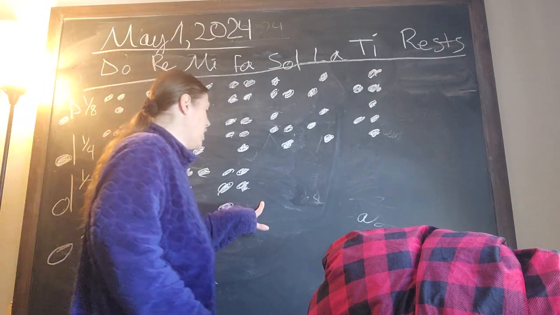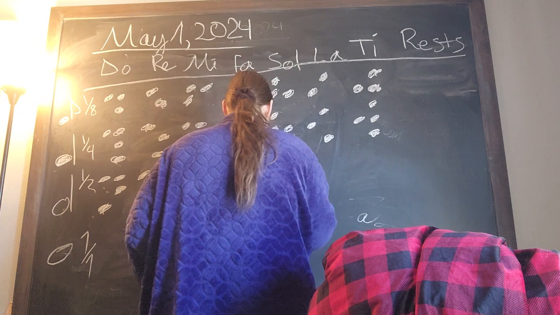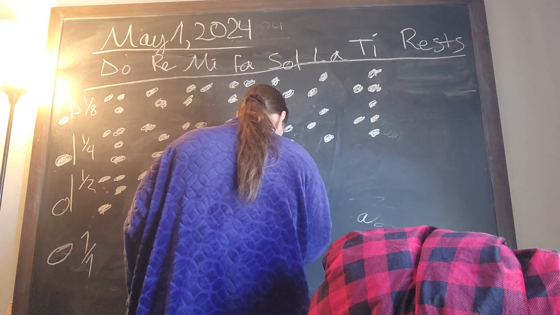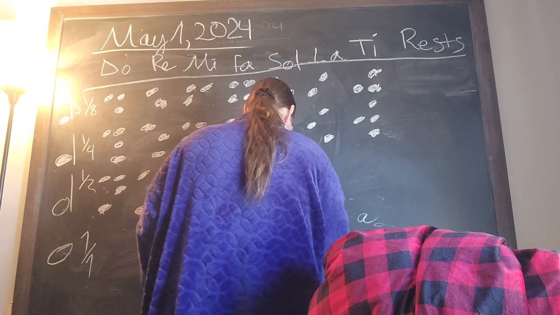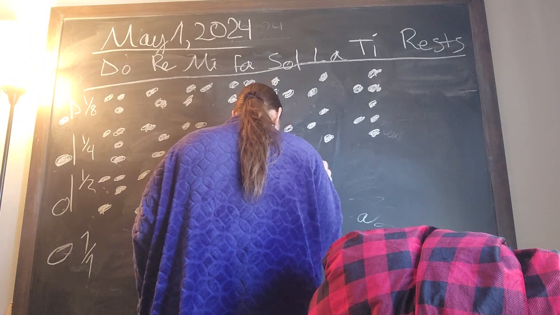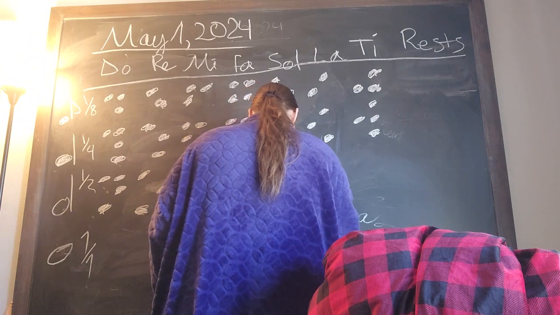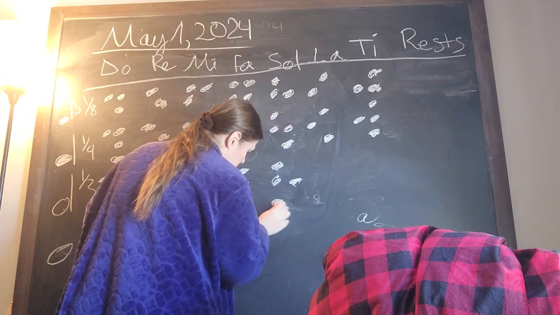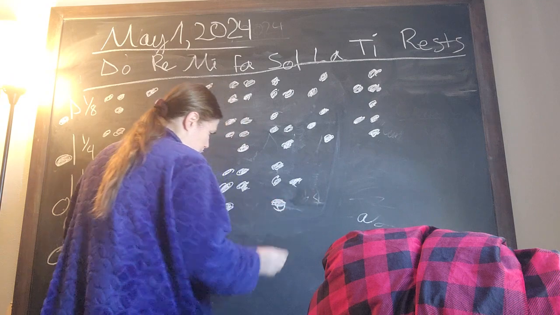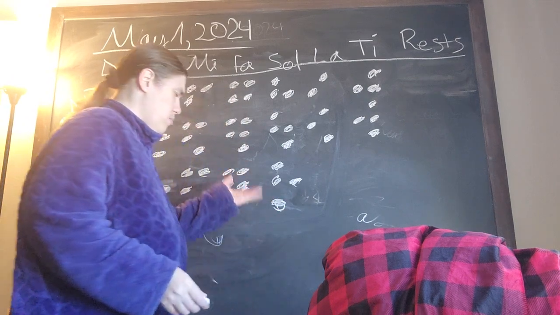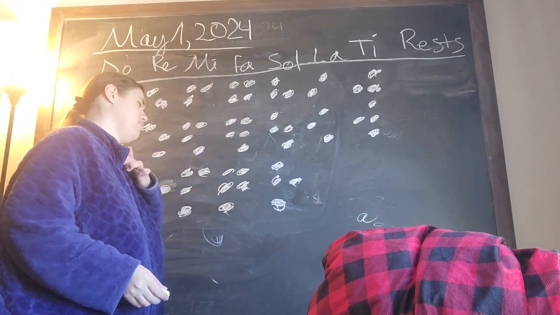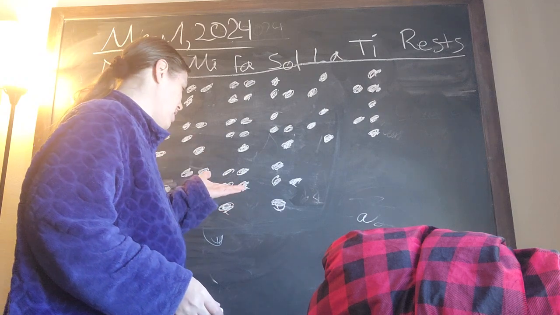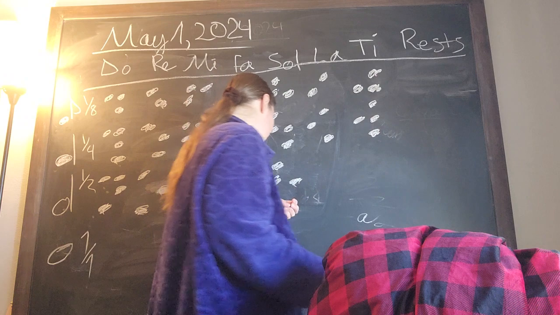Sol, we're now about halfway there. There's our pitch, 1, 2, 4, 1, 2, 5. Then you add dot 3. And there is your half note sol.